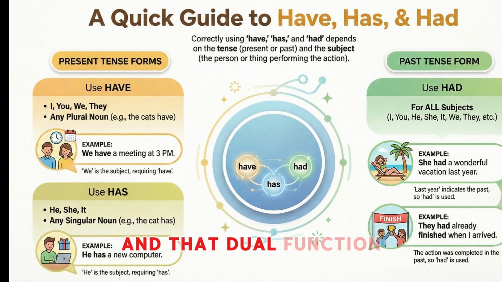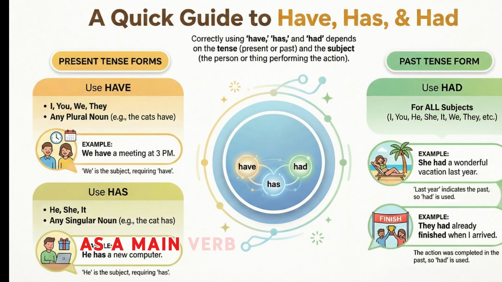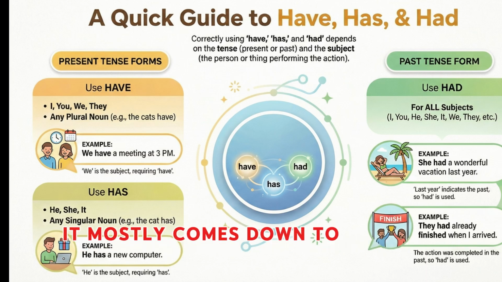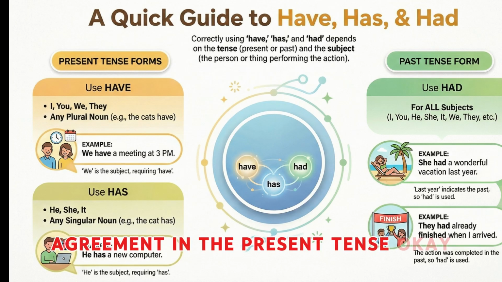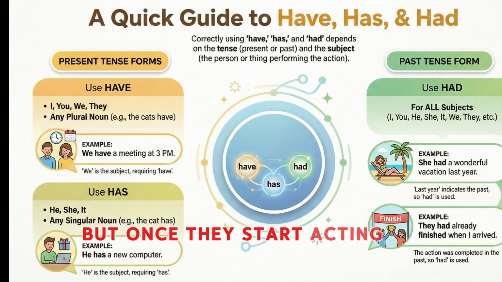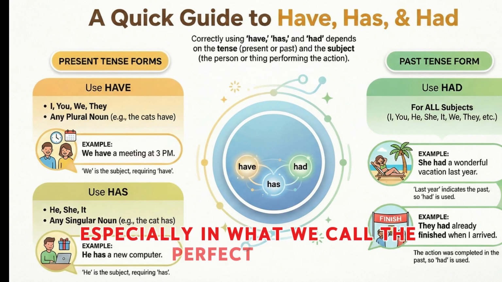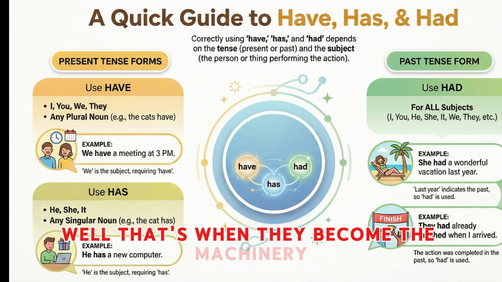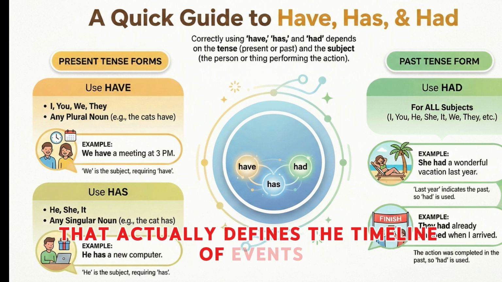And that dual function is the absolute key to all of this. As a main verb, the confusion is, let's be honest, pretty limited. It mostly comes down to a simple subject-verb agreement in the present tense. But once they start acting as auxiliaries, especially in what we call the perfect tenses, that's when they become the machinery that actually defines the timeline of events.